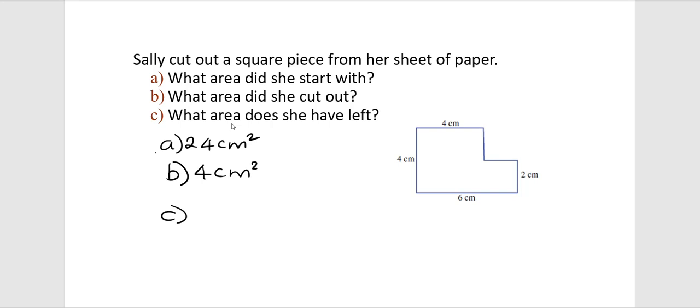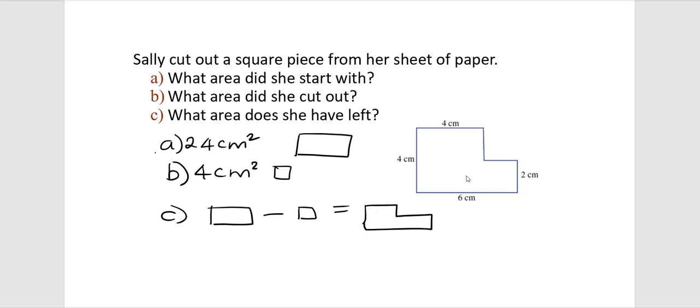Now C says, what area does she have left? So we have worked out A, the area she started with, and B, the area she cut out. So I can use these to work out C. All I have to do is go, okay, if she started with the whole rectangle and then cut out this piece, which is a square, and I've got the area of both, all I've got to do is take the whole rectangle, take away that piece she cut out, the square, and that will give me what we've got left, that L shape.